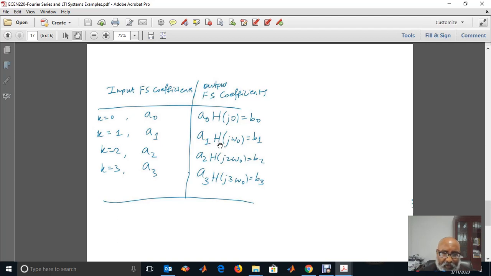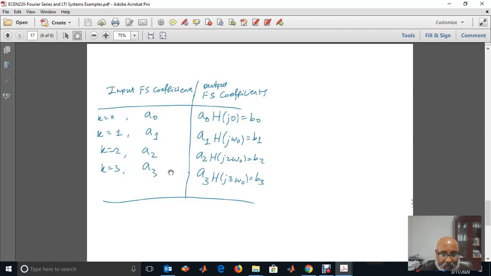For example, if the frequency response at omega naught is 0, then H(j omega naught) is 0. That means B1 is 0. Even though we have an input A1, we do not have B1. That means the input signal at that particular frequency cannot go through the system.